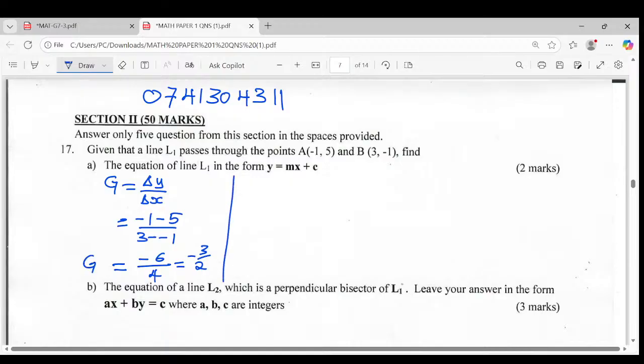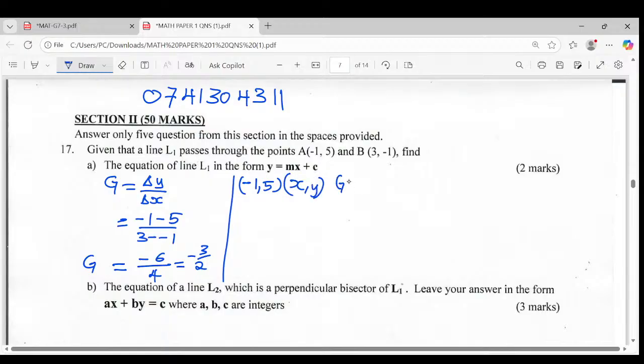After getting our gradient, ladies and gentlemen, we pick one of the points. For example, I can pick the point (-1, 5). Then I introduce another point which I'll call (x, y).